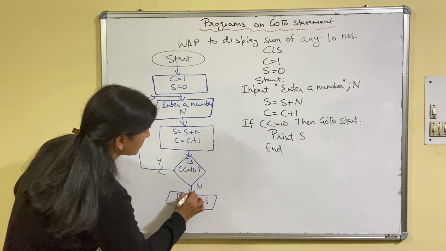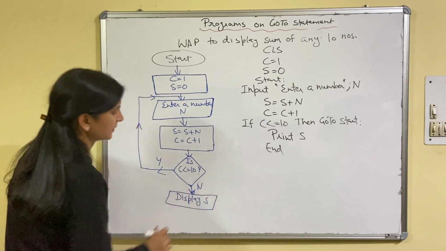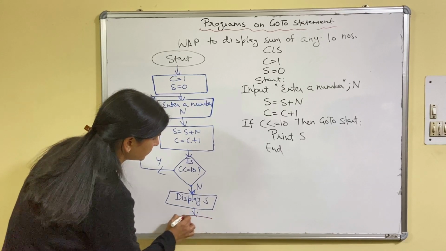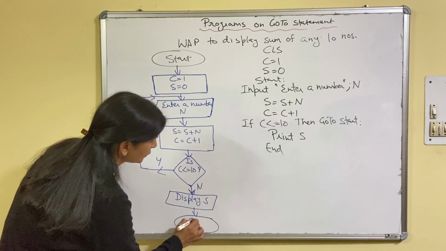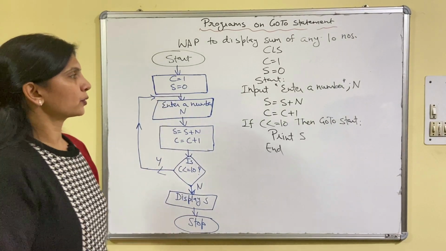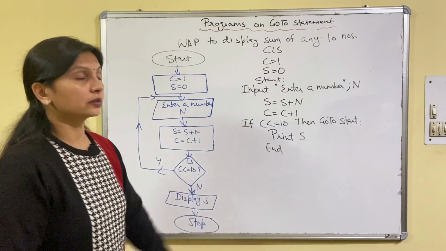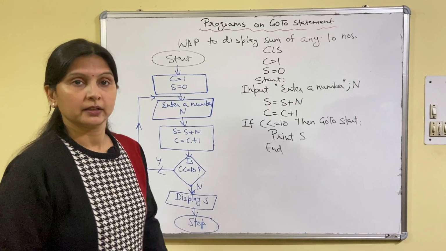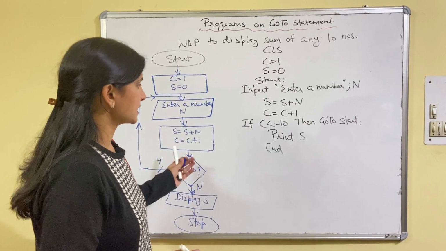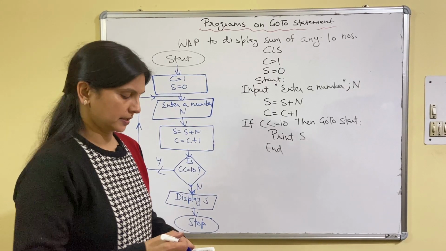After the arrow, output box. And then at the last, end. For end, we will use the stop box. So this is the flowchart of this given program. Graphical representation of a program is a flowchart. I hope it is clear.